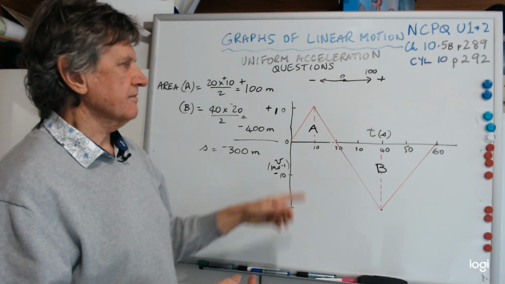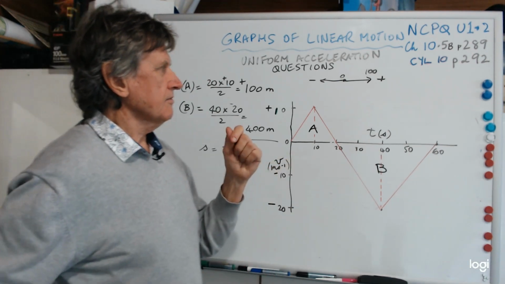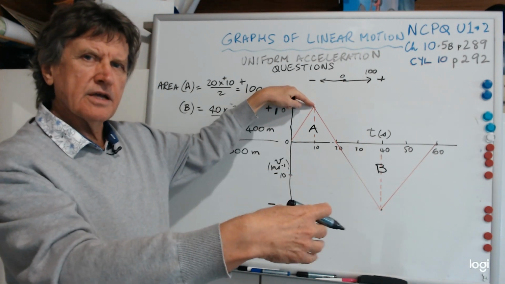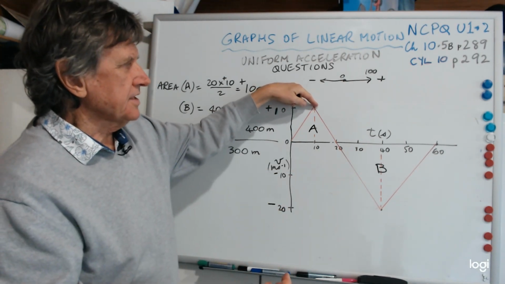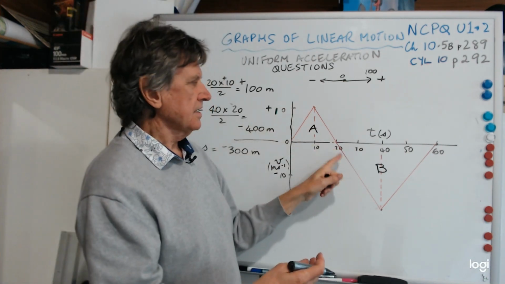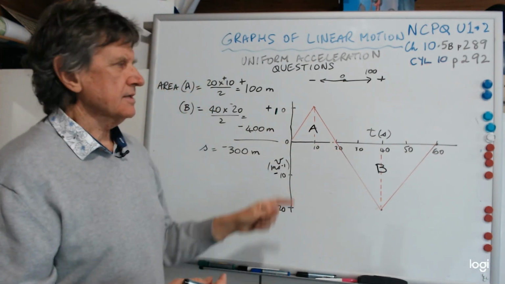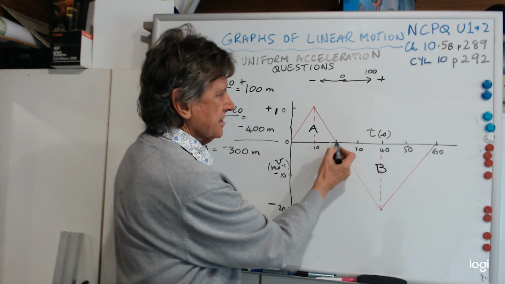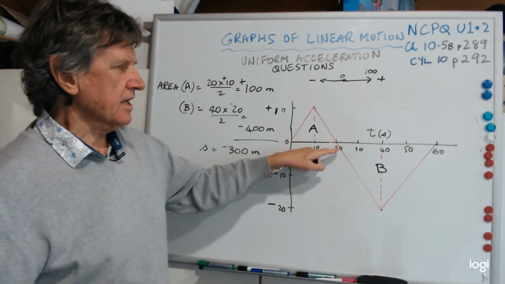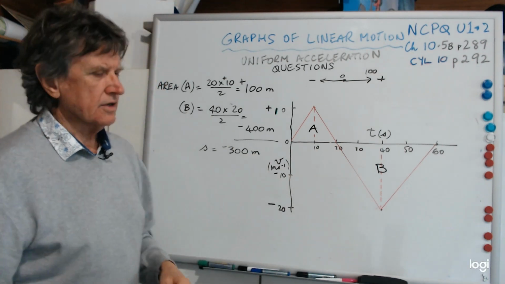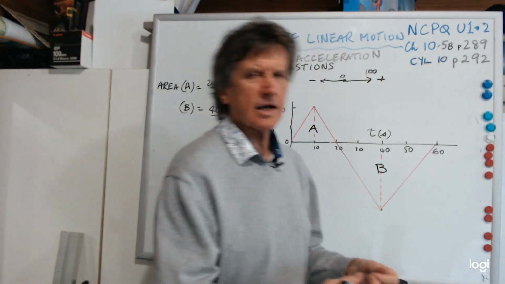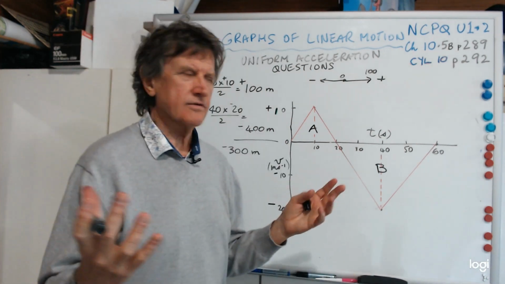The first part of the journey, they go as fast as they can, and they reach the maximum speed halfway down the track, and then for the second half of the track they slow down because they're puffed and they end up at rest. But once they're at rest, they don't stay at rest for long. They start running again, but in the opposite direction. So they've run up, they've slowed down, stopped at the 100-metre mark, and now they're running backwards for whatever reason.